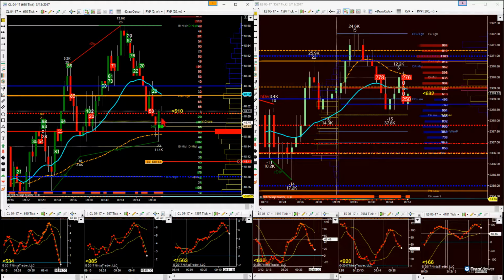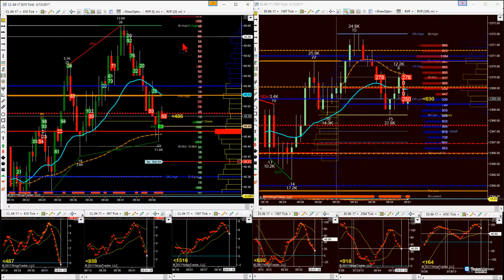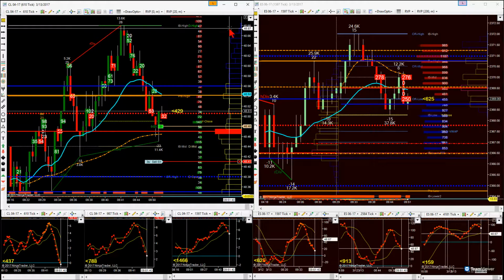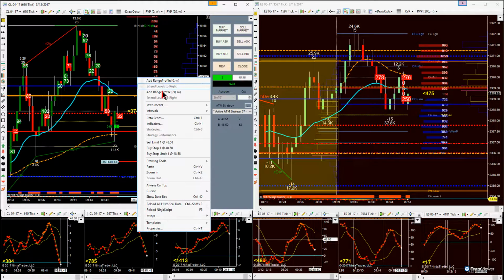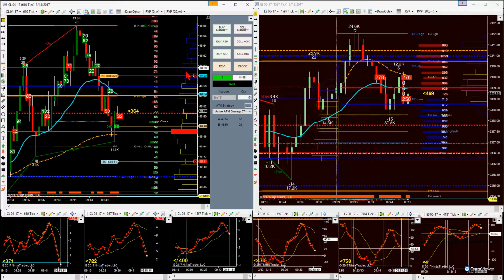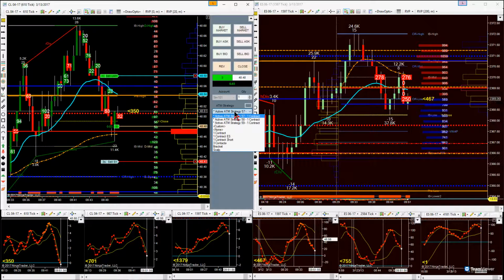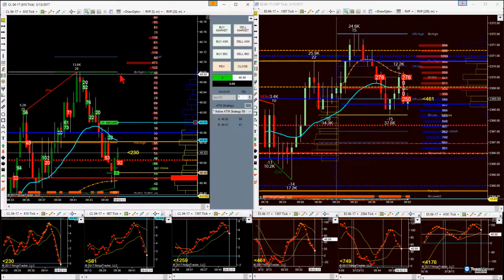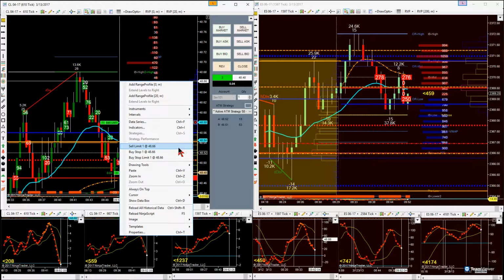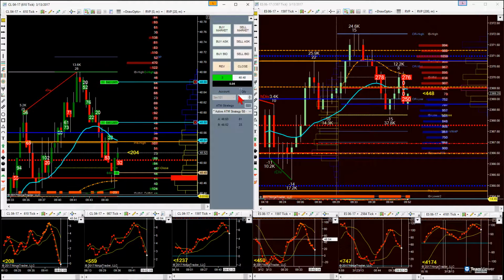This was really where the trade should have been entered, so I made a mistake on the first one. We're back in on another one here. And what we're looking for, let me actually go into here. Just putting out profit targets here before I head out.